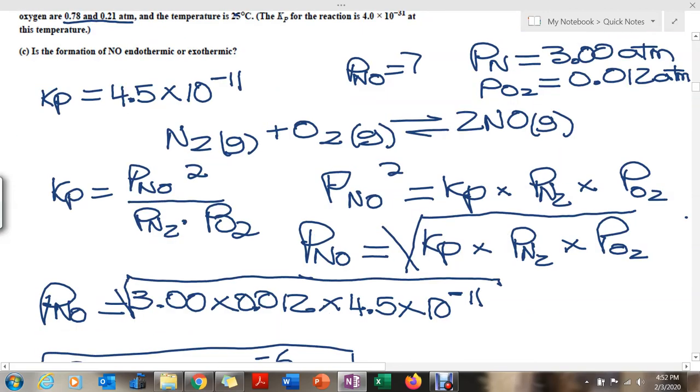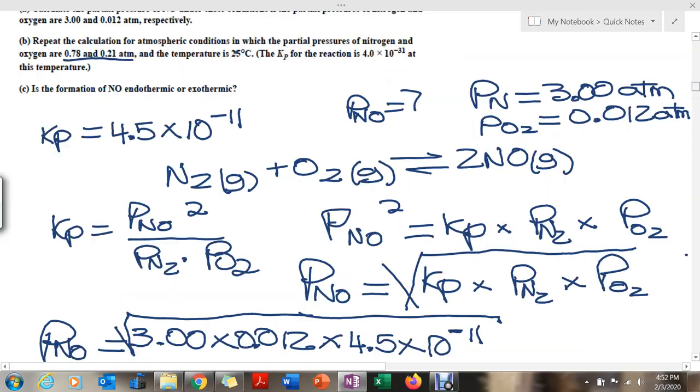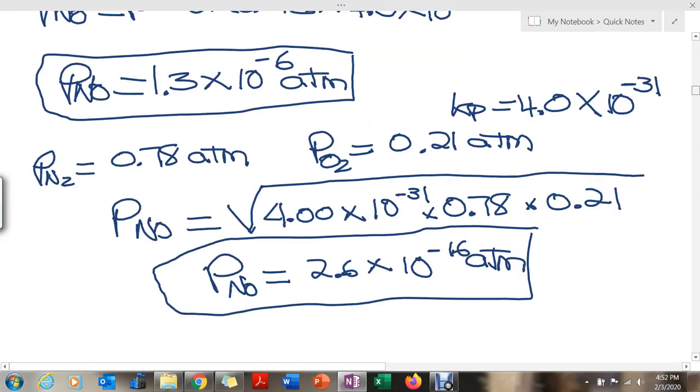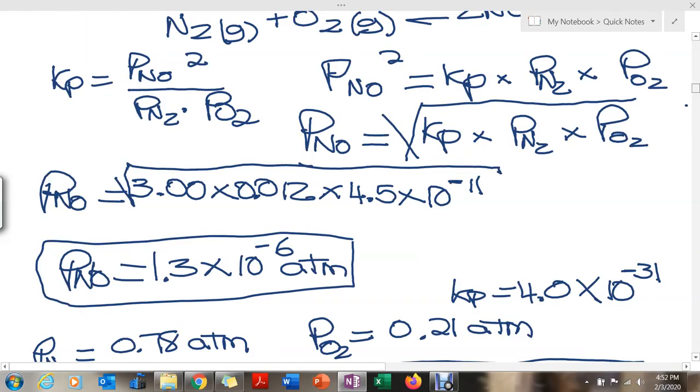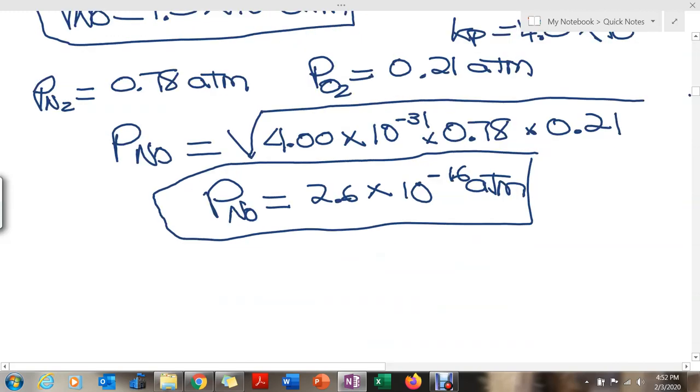The equilibrium will shift to the left, because the production of product is, look at the two quantities, 1.3 times 10 to the minus 6, and this is 2.6 times 10 to the negative 16.